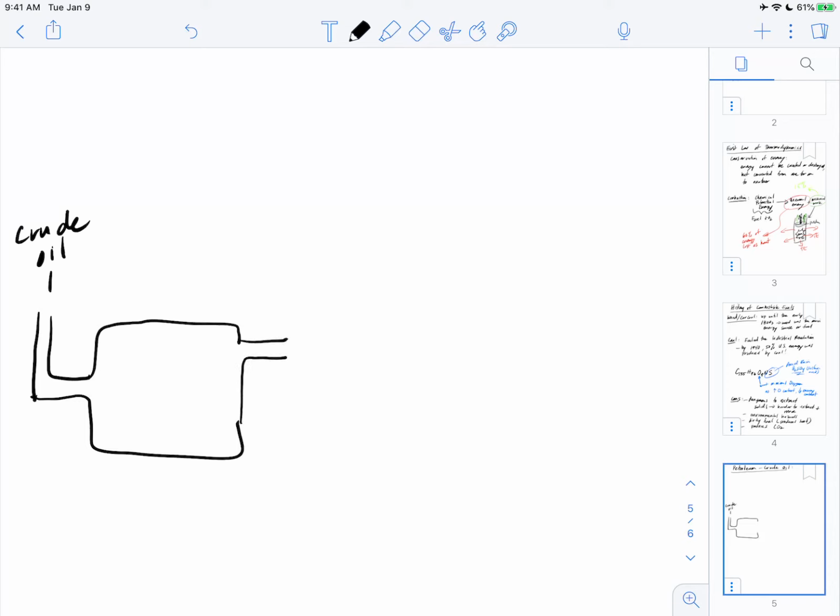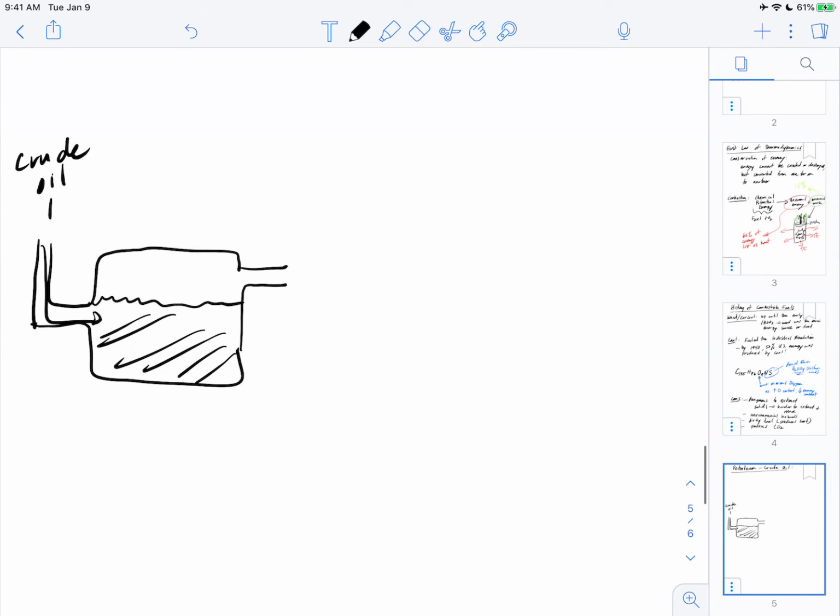So we got our crude oil, it's coming in here, going into our boiler. And we're going to heat this up and it's going to boil. And that gas is going to travel through a tube.